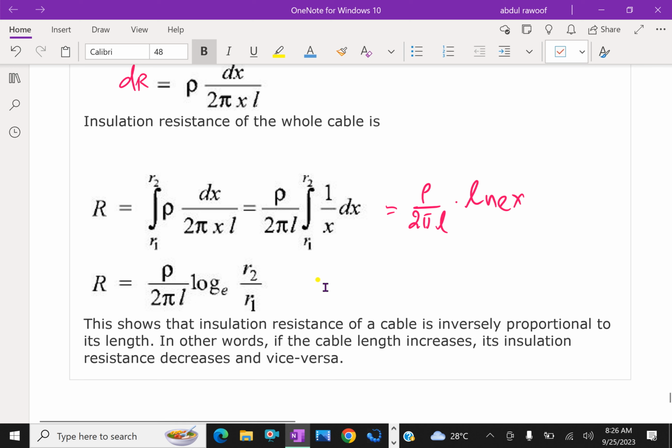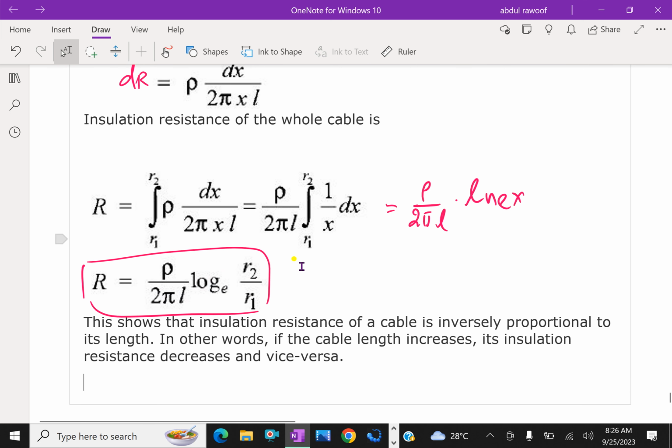Then R equals rho by 2 pi L log e R2 by R1. This is the insulation resistance: rho by 2 pi L log e R2 by R1.